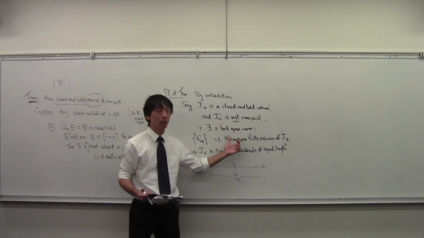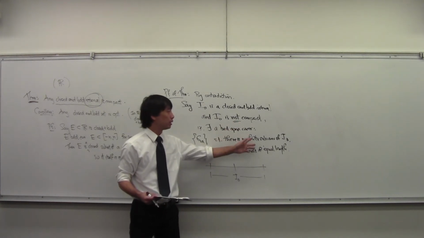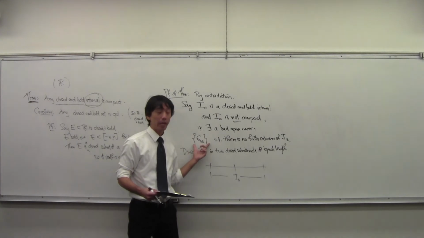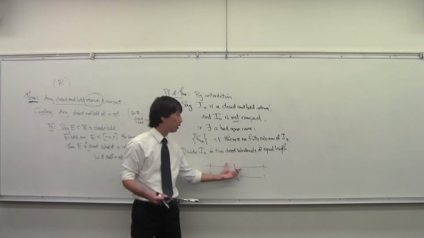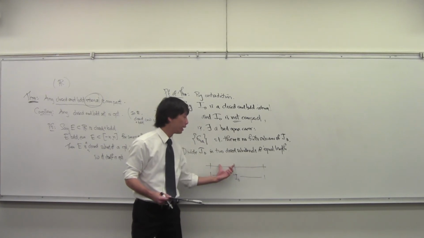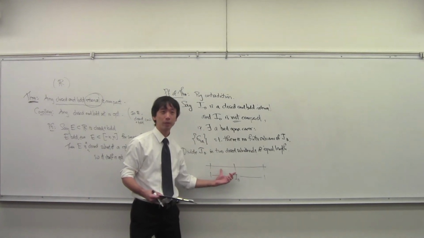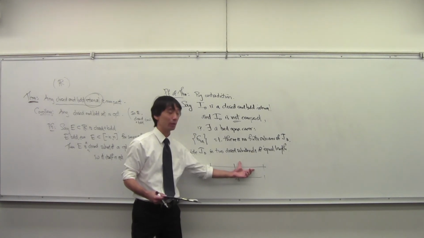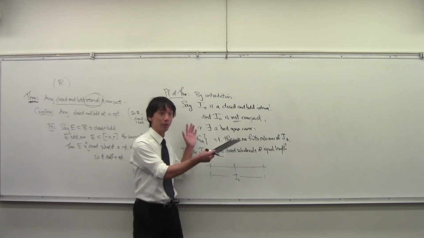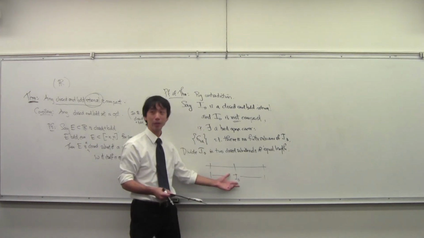Okay. Since G alpha had no finite subcover of I naught, then G alpha must have no finite subcover of at least one of these intervals. Because if they both have finite subcovers, we would have had a finite subcover of I naught.